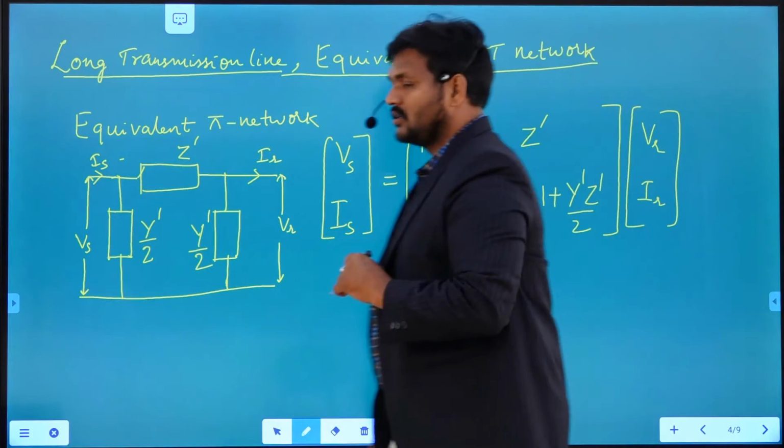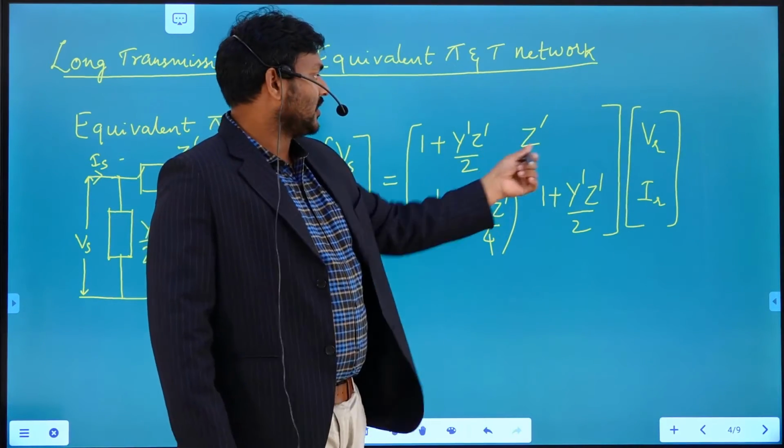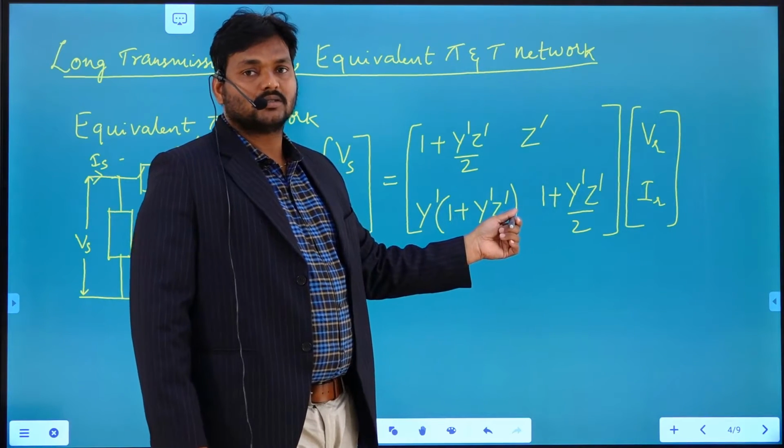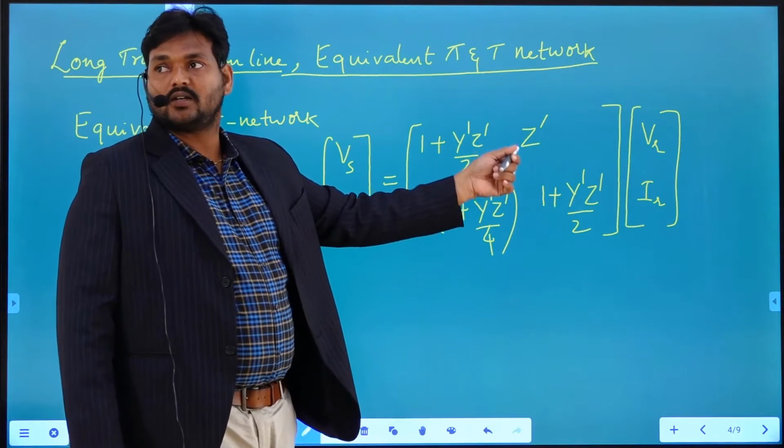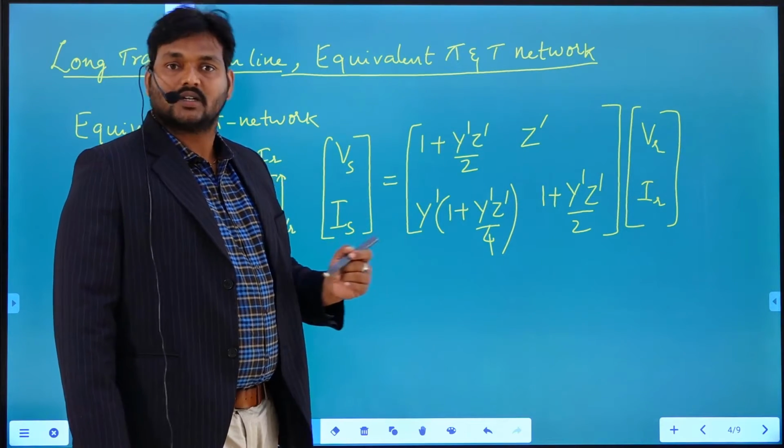So this is the ABCD parameter matrix, giving the relation between sending end voltage and current and receiving end voltage and current.